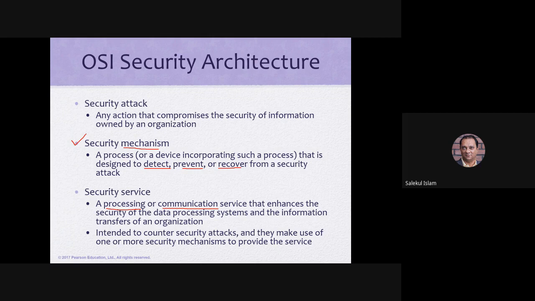That's the relationship between a mechanism and a service. Security services are intended to counter security attacks, and they make use of one or more security mechanisms. Sometimes we need more than one mechanism to provide a single service.